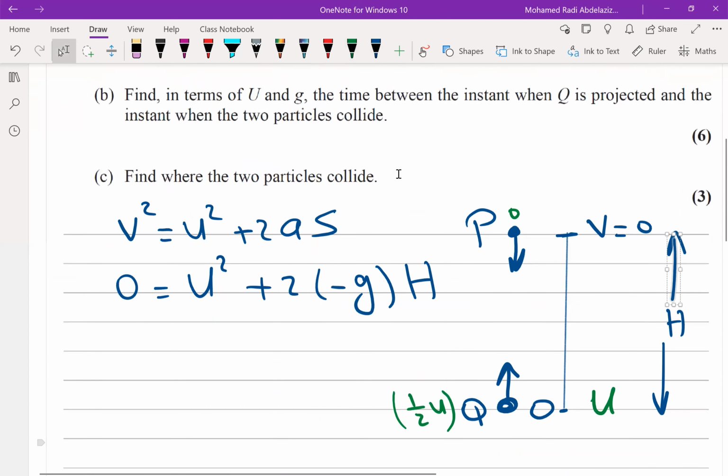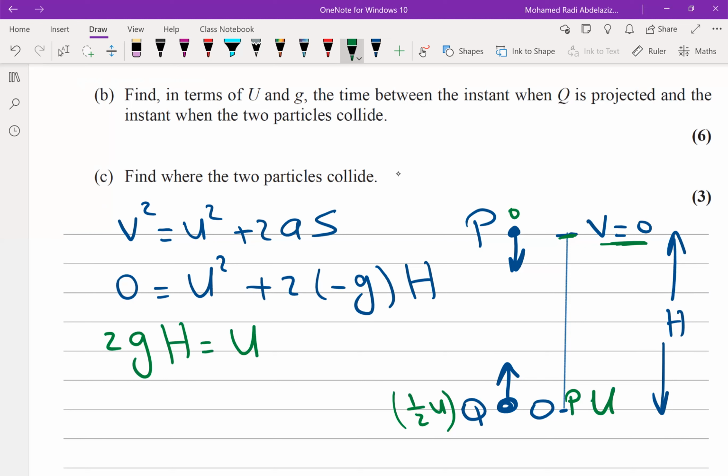This is from the first part. When the particle P reaches the maximum height, use v equal to 0 and take h as the subject from this equation: 2gh is equal to u squared, so h is equal to u squared divided by 2g.